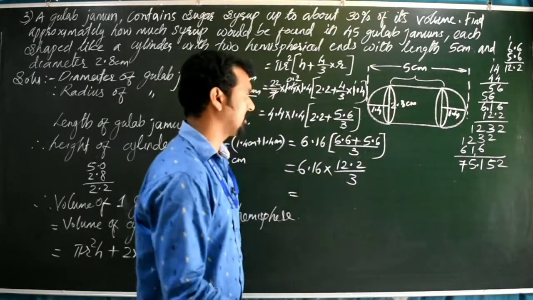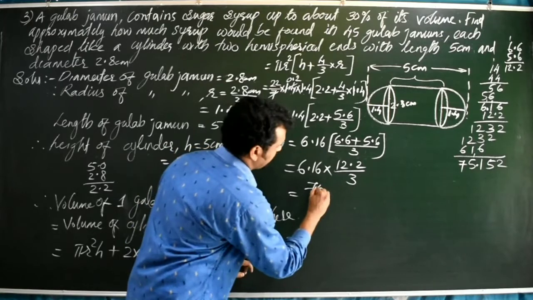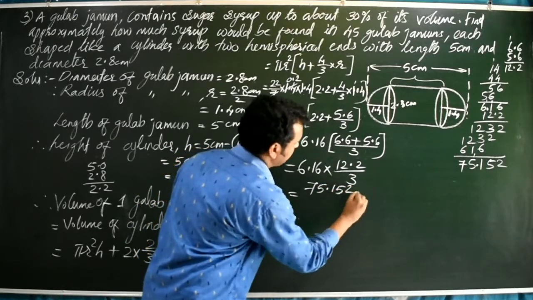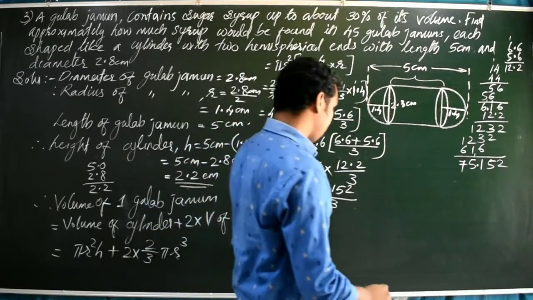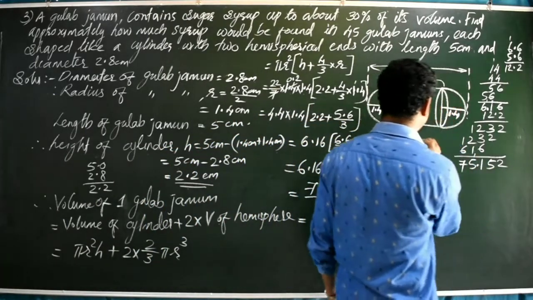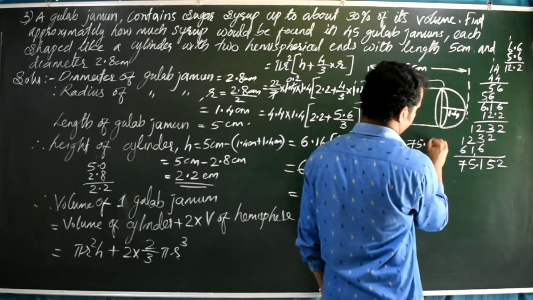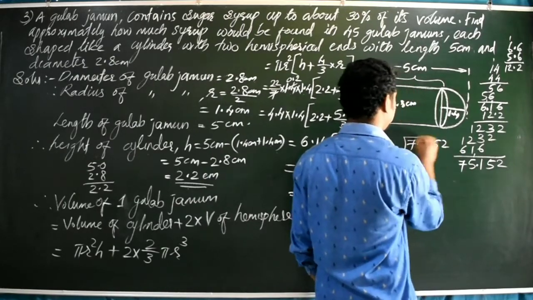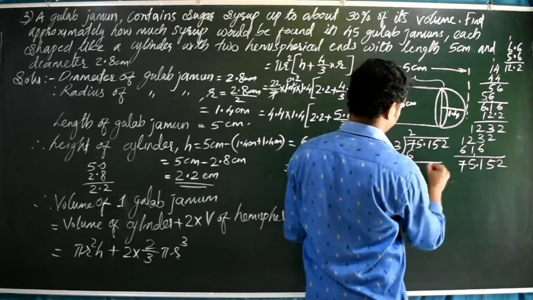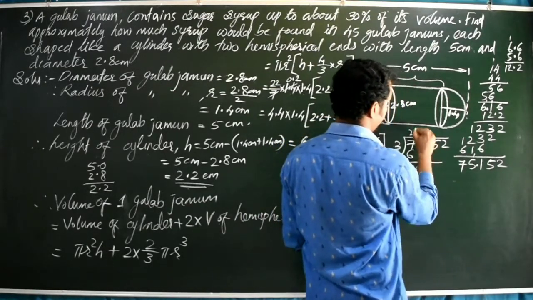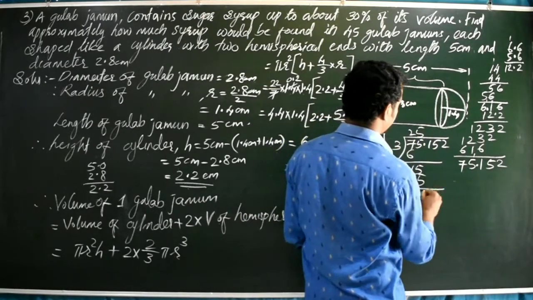75.152 divided by 3. That is equal to, divide it now. 75.152 divided by 3. 3 2s are 6, remainder 1, 15. 3 5s are 15, remainder is not there.